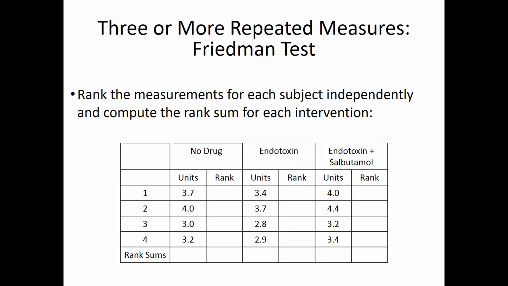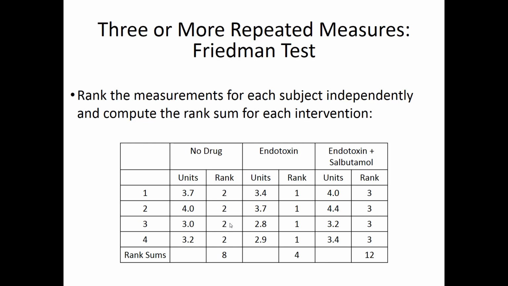So in our example of the observed forced expiratory volume as baseline following endotoxin administration and endotoxin and salbutamol administration, we would first rank the measurements for each subject independently and compute the rank sum for each intervention. So for each subject, we would rank based on the observation and sum those ranks for each intervention.